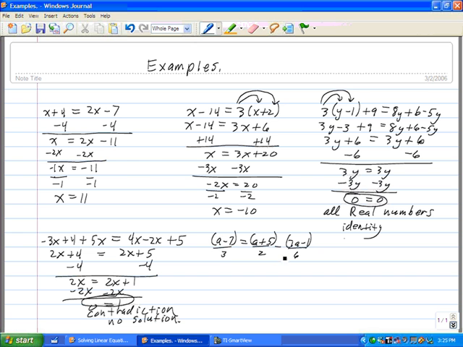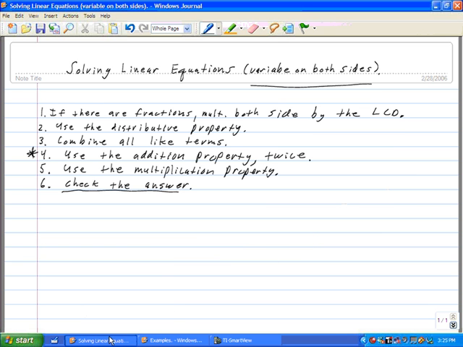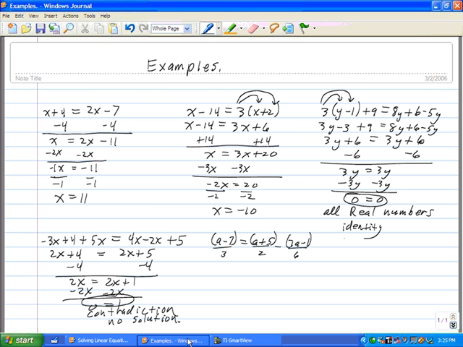We look at these three denominators, and again our step number 1 is going to be, if there are fractions, clear them out using the LCD. Our denominators are 3, 2, and 6. That means we're going to use an LCD of 6. So we're going to multiply each of the three terms by that LCD, and we want to simplify.